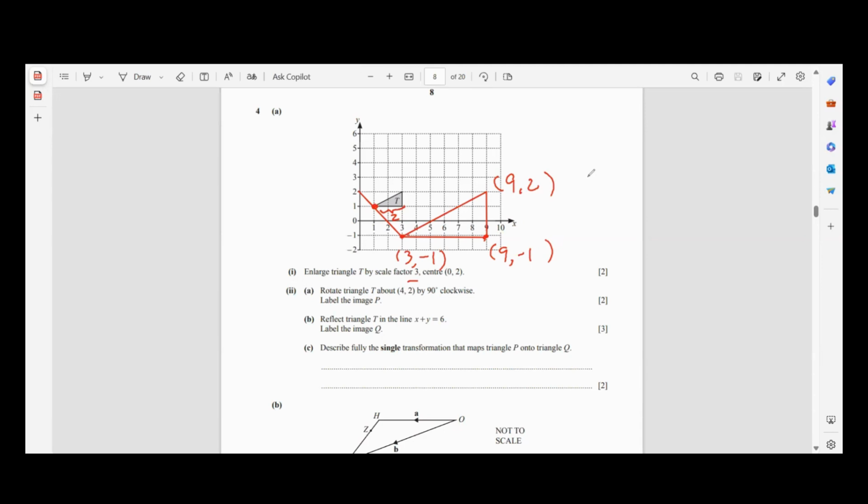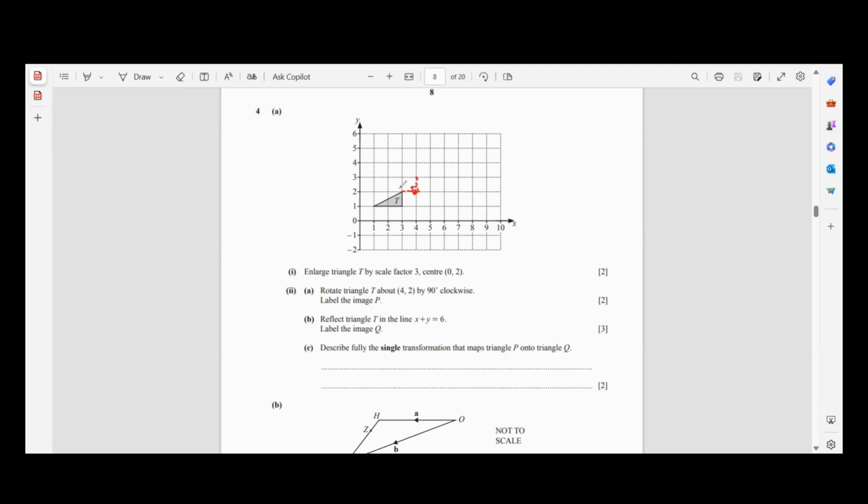And then part ii, it has to rotate the triangle about 4, 2 clockwise. Okay. So for this 4, 2. From there, we can calculate 1 point first. So this is 1, and then from there, it is clockwise 90 degrees.